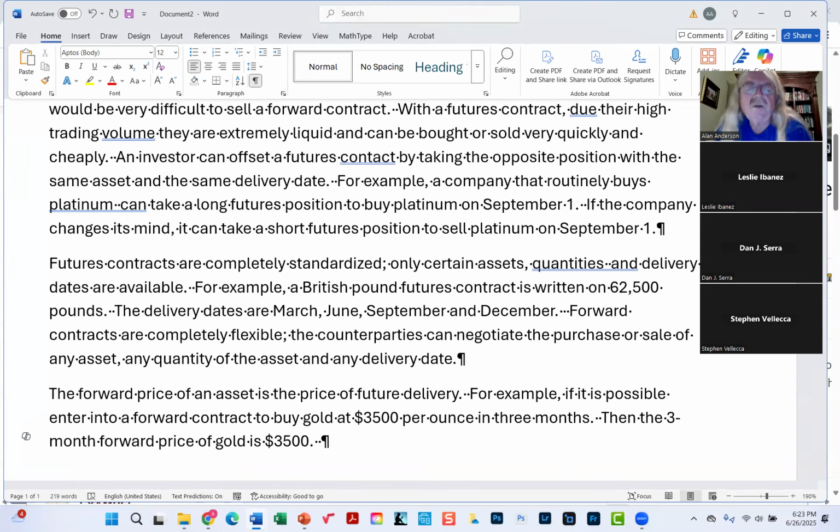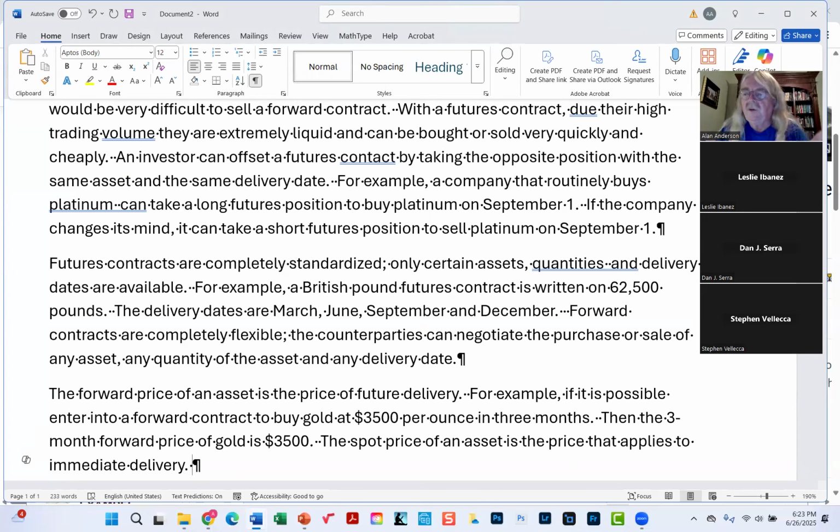So that specifies how much you'll pay or receive if you're the seller for the gold in 3 months. The spot price of an asset is the price that applies to immediate delivery.